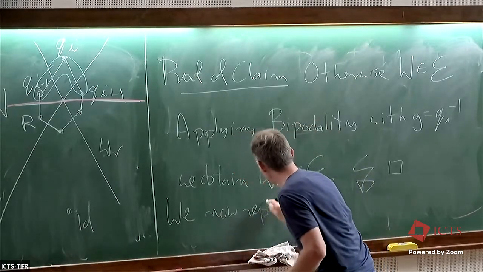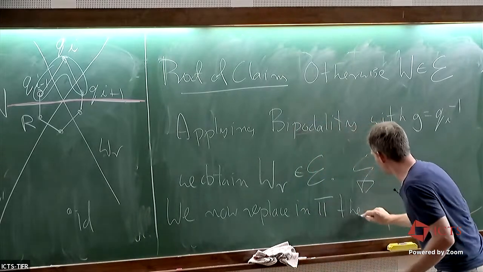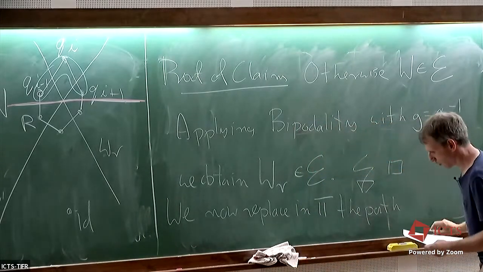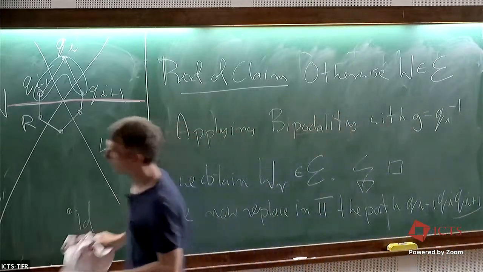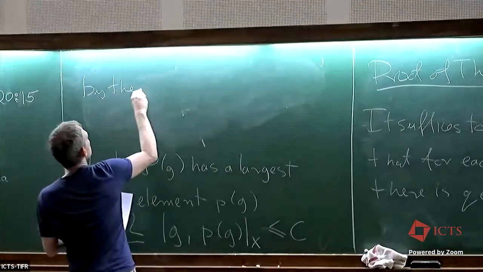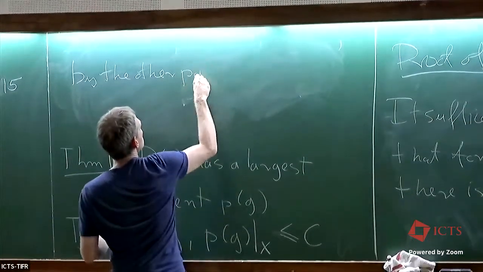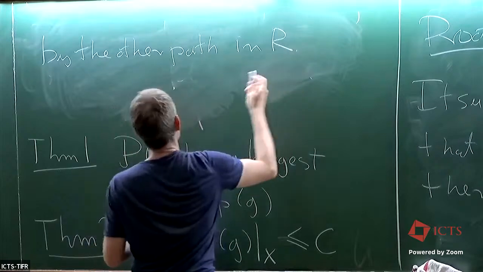We now replace in the path pi the blue path, the path Qi minus 1, Qi plus 1, by the complementary path in the hexagon, by the other path with vertices in R, and then we proceed inductively.